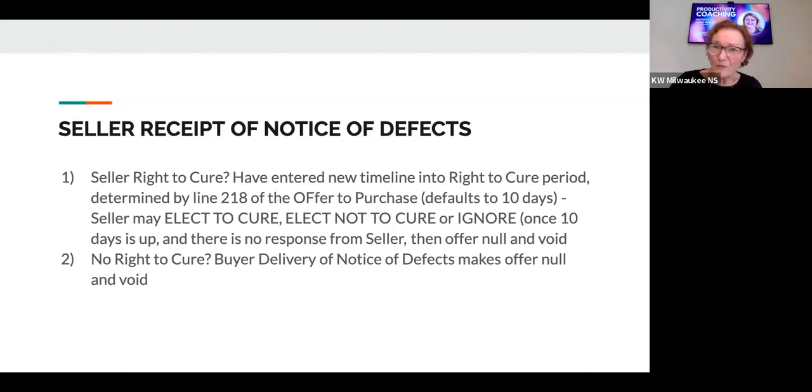The buyer goes, that's pretty fair. If I get a new roof, I can live with these other defects, whatever. And the deal is put back together again, even after a notice of defect is served. But it has to state in that amendment to further negotiate, this notice of defect dated is hereby removed.